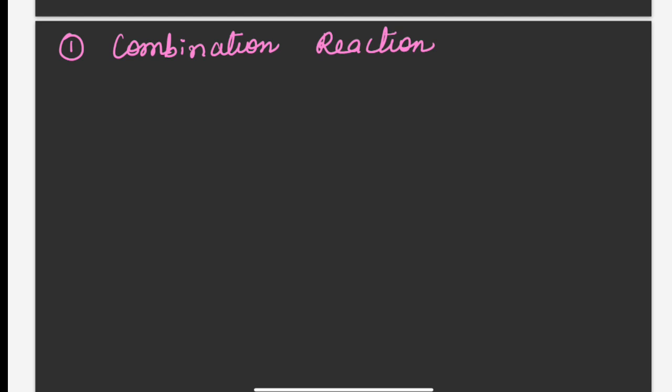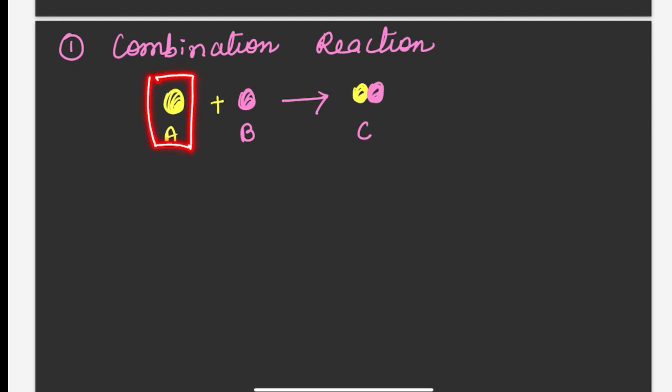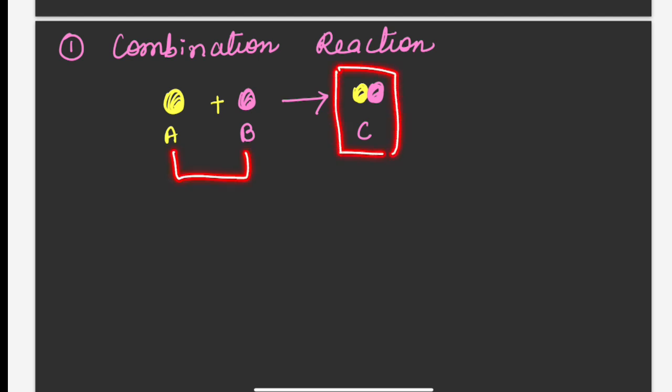What is combination reaction? Let us take two reactants. I'll take reactant A, and I'll be treating it with B, and this will result in the formation of product C. Here we have taken 2 reactants and it has resulted in the formation of one product.